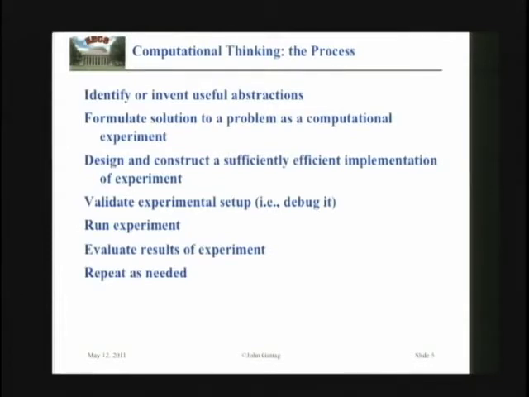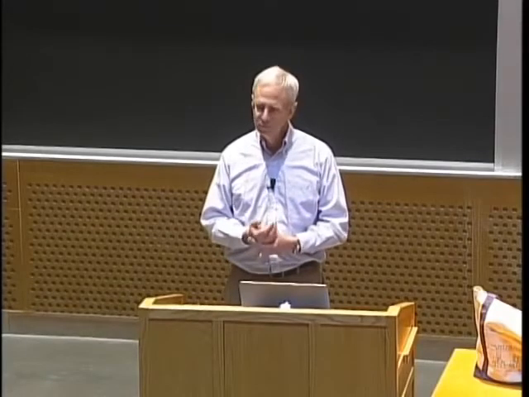And that's sort of what we start with. We start with some existing set of abstractions, and we invent new ones that will help us think about the current problem. We then formulate the solution to the problem as a computational experiment, and then design and construct a sufficiently efficient implementation. It doesn't have to be the most efficient one possible. It just has to be efficient enough that we can run it and get an answer.